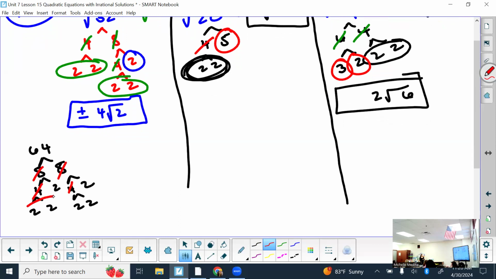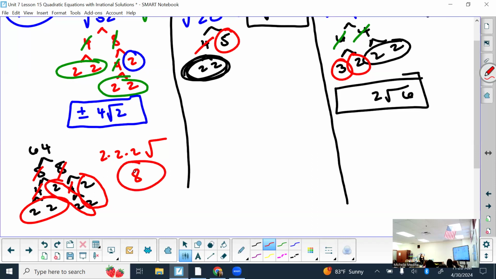You'll notice that I have 3 pairs of 2s and no leftover prime numbers. That's because 64 was a perfect square. You'd end up with nothing under the radical, which would just go away. And then it'd be 2 times 2 times 2, which is 8. That's the square root of 64. So if you forget about a perfect square, and you do this, and there's nothing left over, it was already a perfect square.